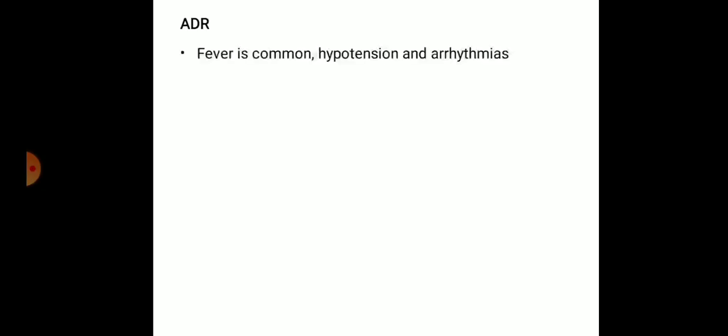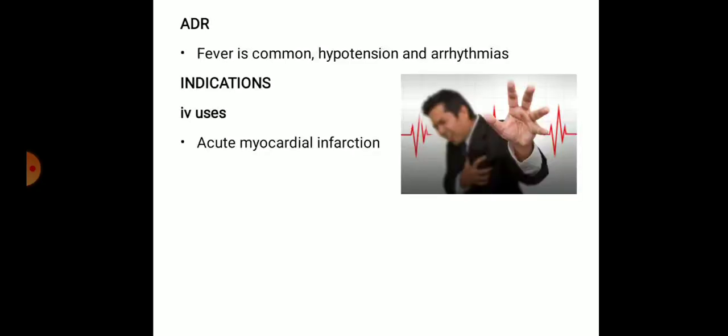Adverse effects are very few. Fever is common, being antigenic. Hypertension and arrhythmia can also be expected. Indication: remember, it is mainly used for acute MI by IV route. In case of acute myocardial infarction, or heart attack, it is given by intravenous route.